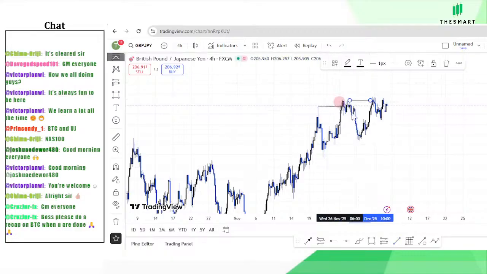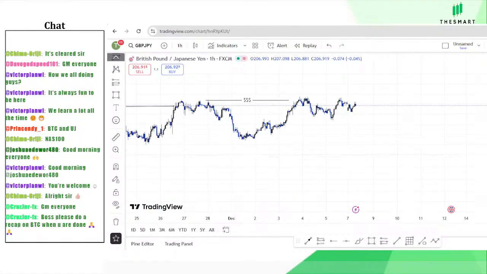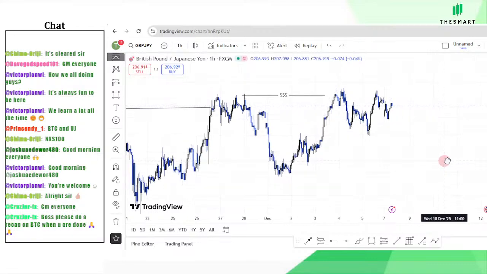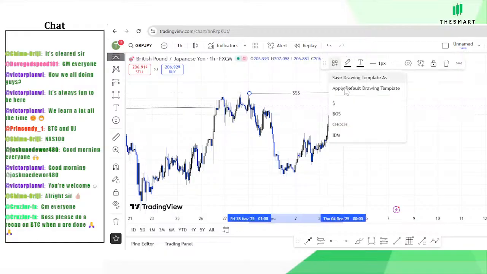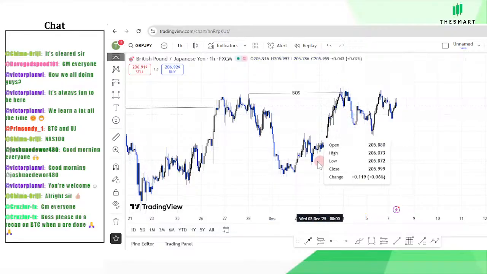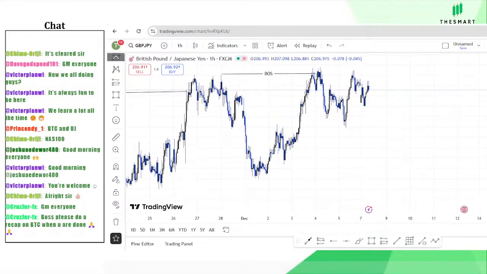There was a liquidity sweep, and price still came back into this level that caused this break, and the price held. But as of last week, I was trying to look for a quick sell scalp based on the internal structure, but price didn't give me that. So on the 1 hour, we have a break of structure. This is what we have on the 1 hour chart.